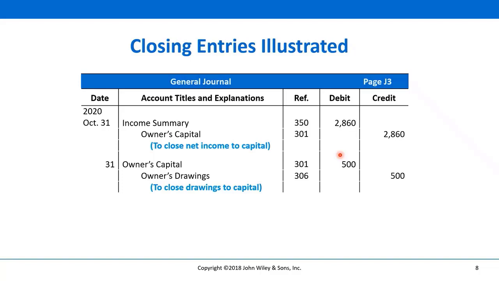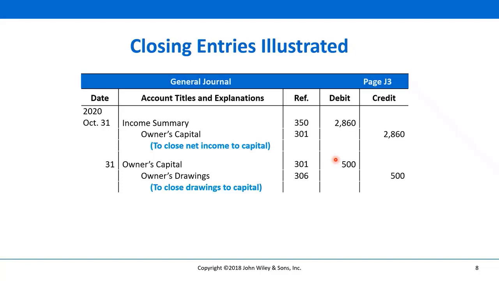Owner's capital normally has a credit balance. So whenever we debit the owner's capital, that means we are reducing the owner's capital, and that's very logical, because with the drawings, our owner's equity and owner's capital get decreased, right?